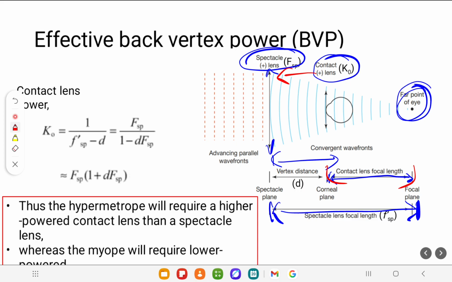So it's very important that in case of plus power, in hyperopia, we increase power when switching from spectacle to contact lens, and decrease power when switching from contact lens to spectacle. In myopia, exactly opposite. We decrease power when we switch from spectacle to contact lens in myopia, and we increase power from contact lens to spectacle in myopia. That's just the reverse.